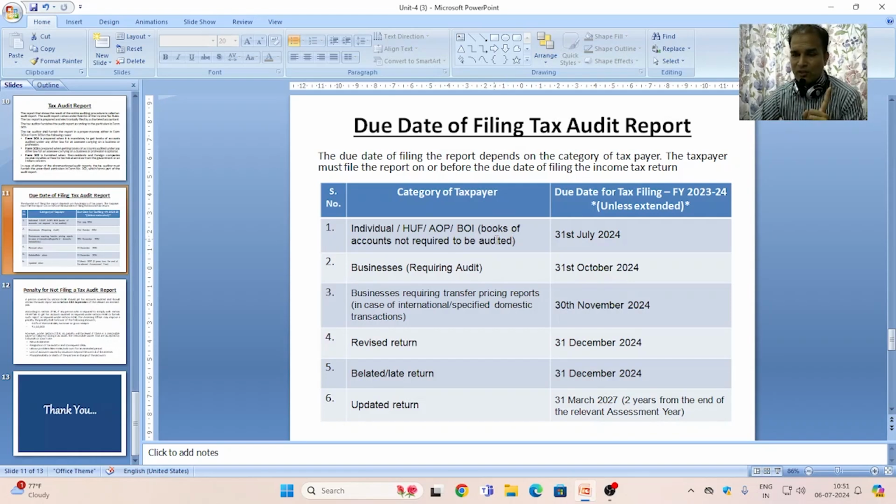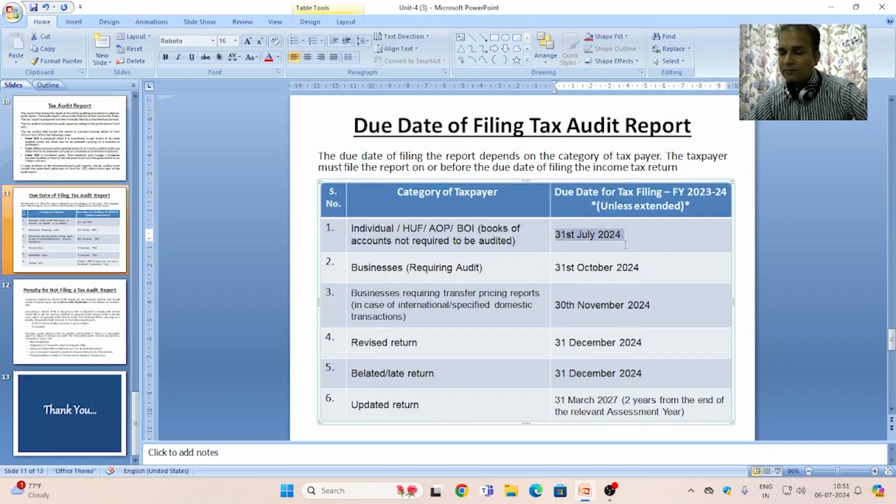In all these types of taxpayer, if books of accounts are not required to be audited, then the due date for filing is 31st July 2024. All these dates are for the assessment year 2024-25 or financial year 2023-24.